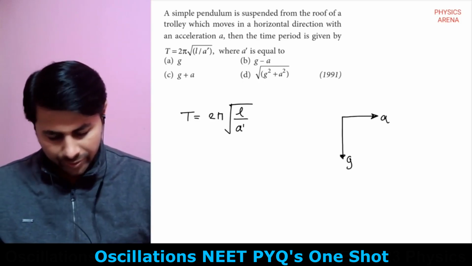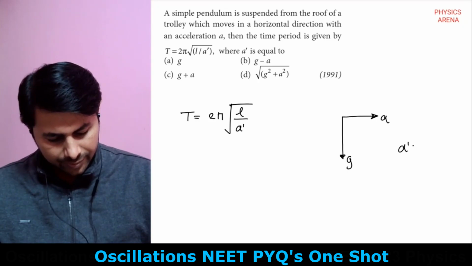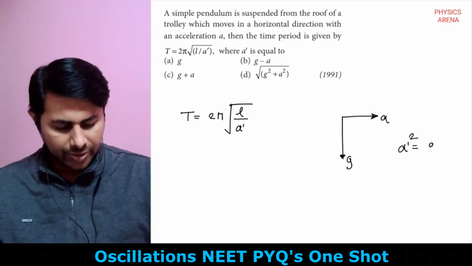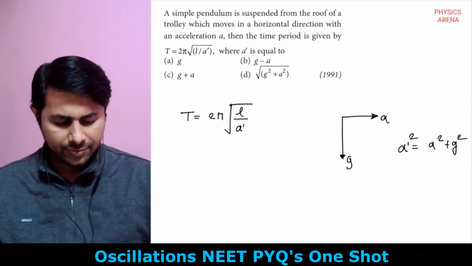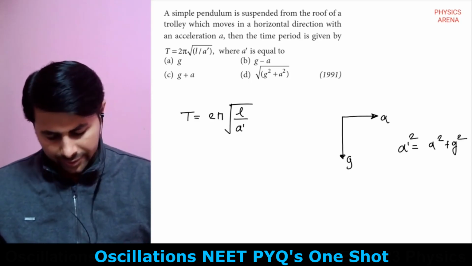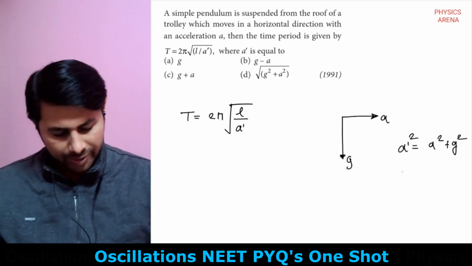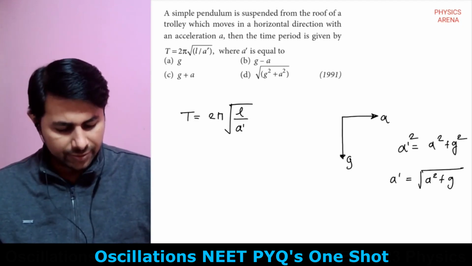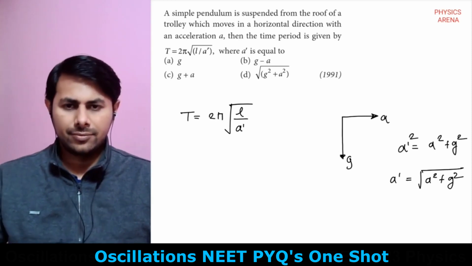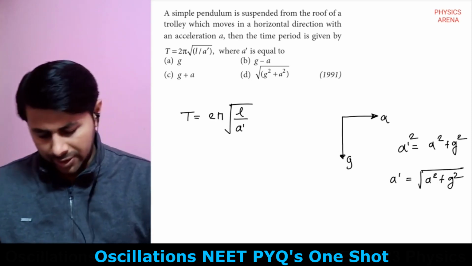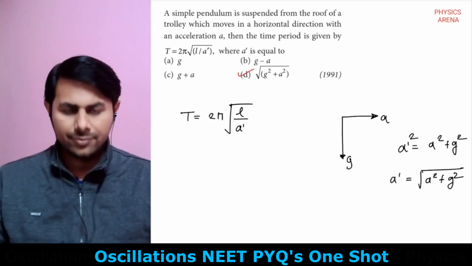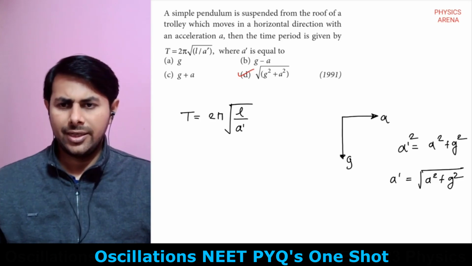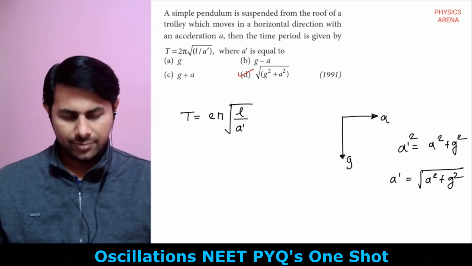So a dash will be equal to the square root of a squared plus g squared. Yes, it is option D. Got it? Yes, no?